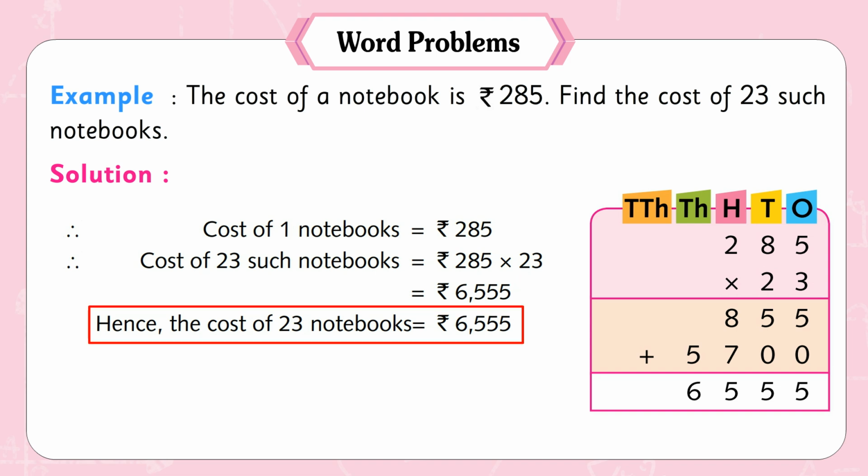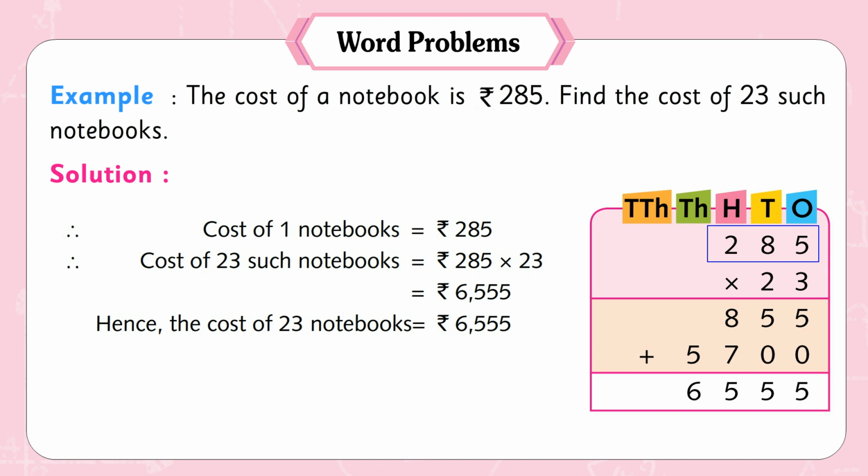Hence, the cost of 23 notebooks is equal to rupees 6,555. 285 into 23. 855 plus 5,700 is 6,555.